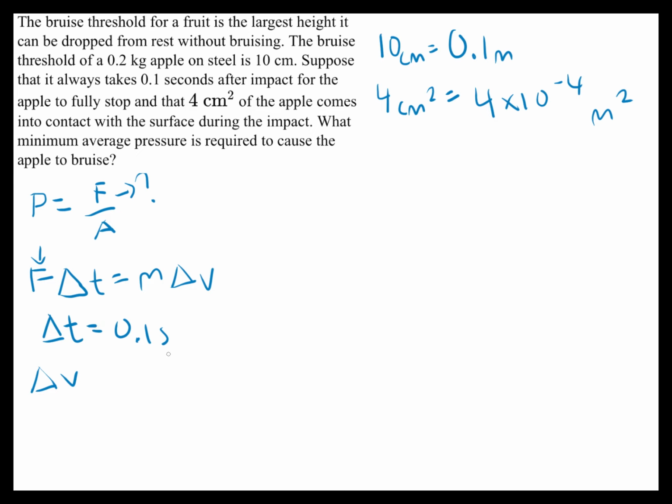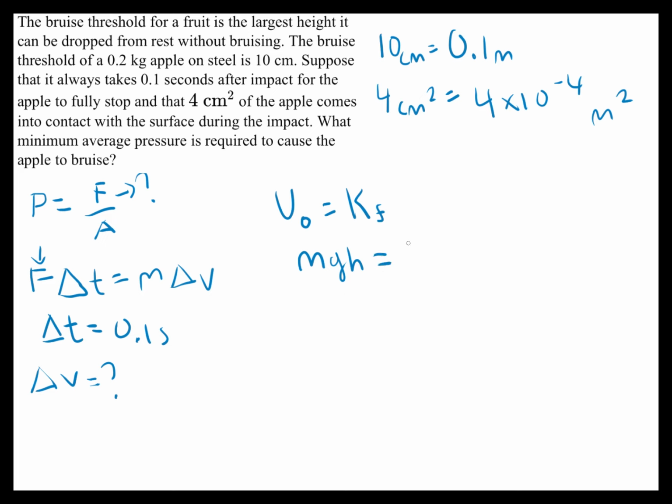So to do this, we can use energy conservation. So the initial potential energy of the apple must equal the final kinetic energy right before impact. So the initial potential energy is given by mgh, the mass times the gravitational acceleration times the height at which it was dropped.